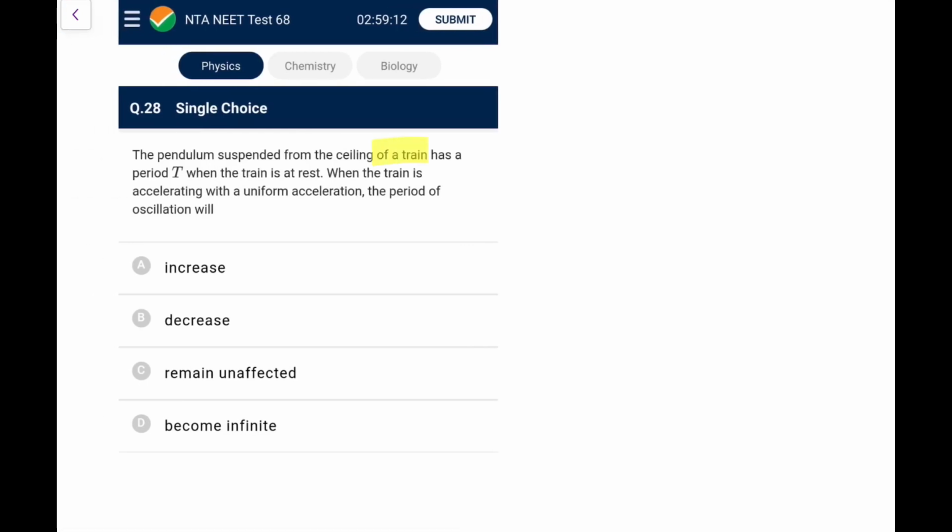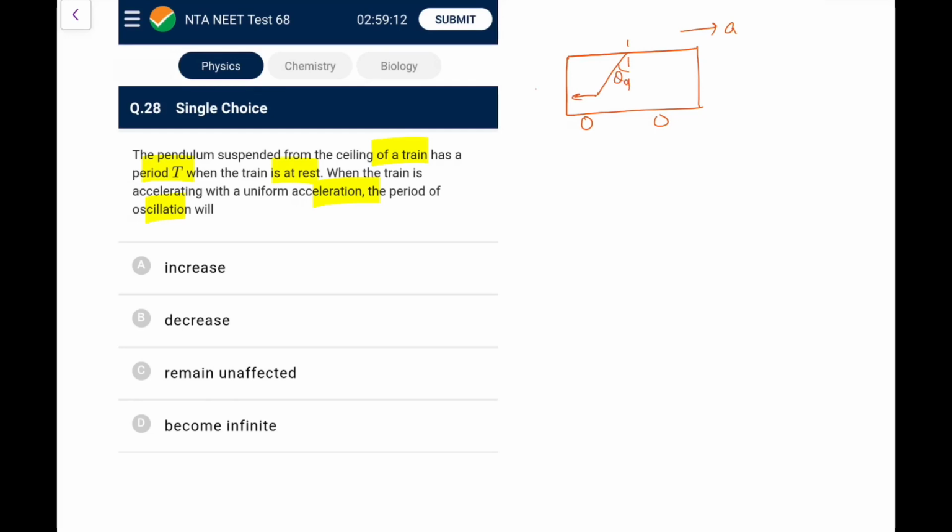A pendulum suspended from the ceiling of a train has a period T when the train is at rest. What will happen to the period of oscillation when it is accelerating with a uniform acceleration? Let's say the train is now going with uniform acceleration a. Now the equilibrium position also gets shifted.